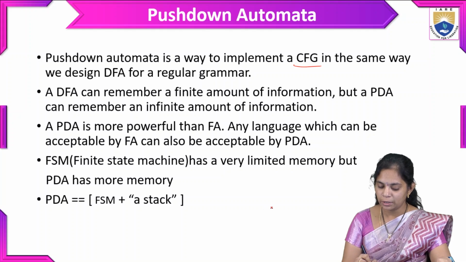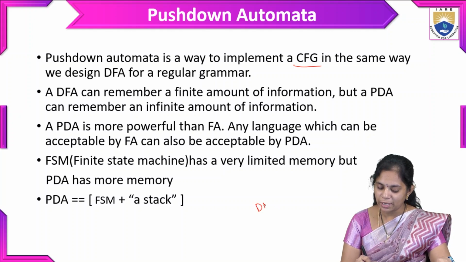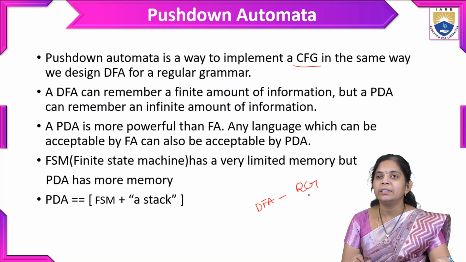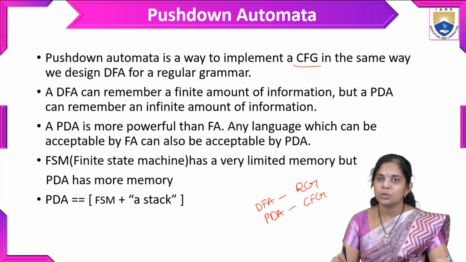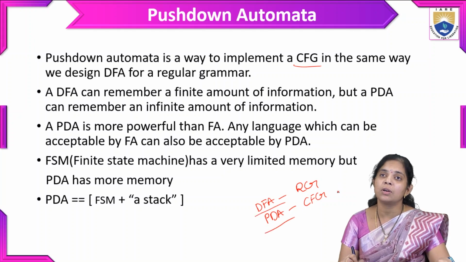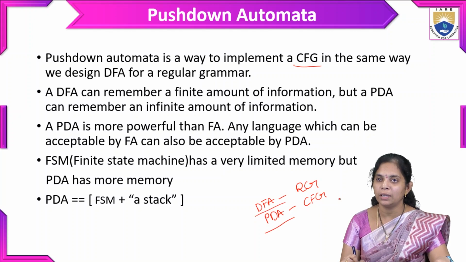So for DFA design we are using the regular grammars. So like that, to design a PDA, pushdown automata, we require the grammar called CFG, context free grammar. So these are the designs, machines or models we can construct with the grammars.